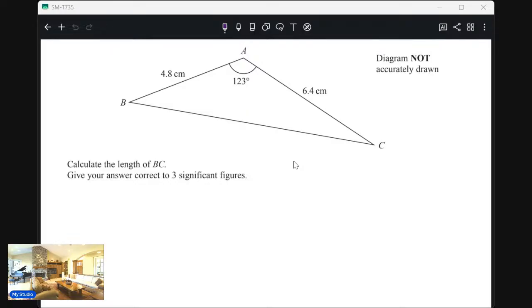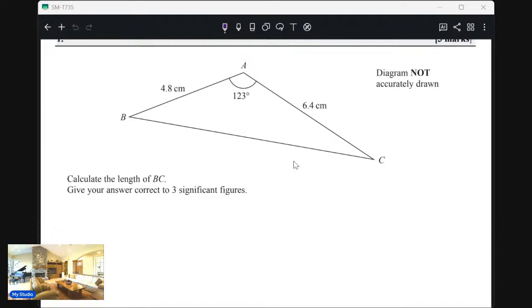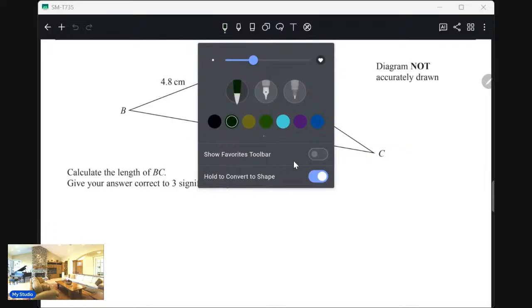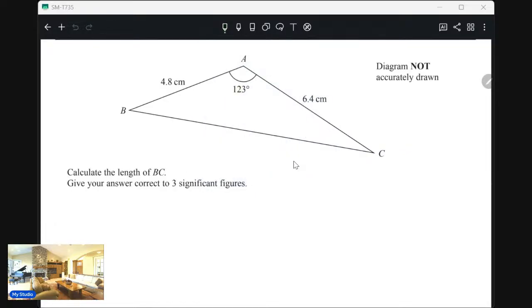Let's do the steps. I want you to see the steps. The steps are going to be like this. Look at this triangle. Does it have a right angle? Yes or no? No, it doesn't. Because we are going to do triangles that have a right angle, and we have two methods for those ones, SOHCAHTOA and Pythagoras.